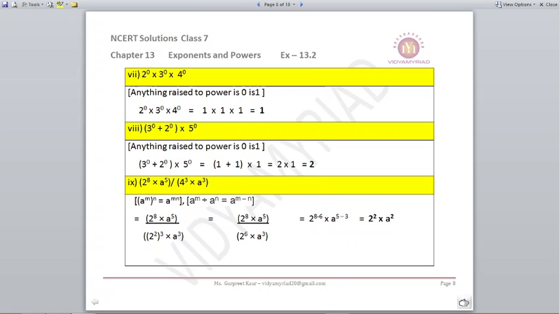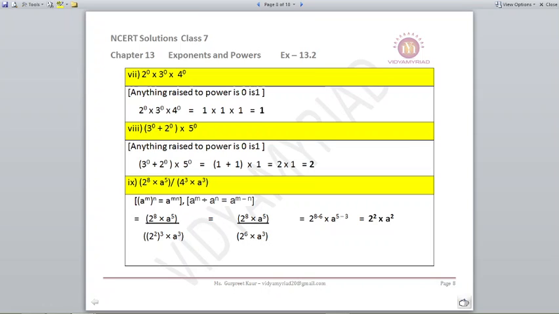Next, 2 raised to power 8 multiplied by a raised to power 5 divided by 4 cube multiplied by a raised to power 3. Now 4 can be further split into 2 into 2, which means 2 square. So I will rewrite my question. 2 raised to power 8 multiplied by a raised to power 5 divided by (2 raised to power 2), the whole cubed, which means 2 into 3, 2 raised to power 6 multiplied by a cube.